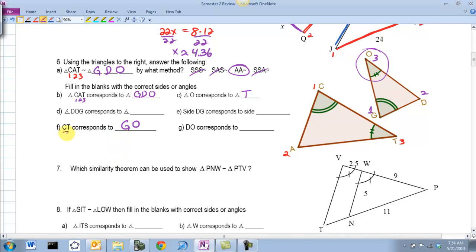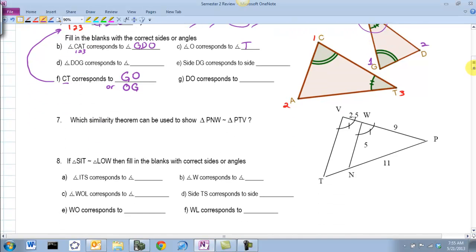Now, you can also do that same information without a picture if you wanted to look back up at the similarity statement where I'm going from C to T. That's the first and the third letter, so that would take me from G to O. Same answer. Either one is fine. And like before, the order doesn't matter, so I could take OG as a possible answer. I'm going to let you do those other ones and check them on your own.